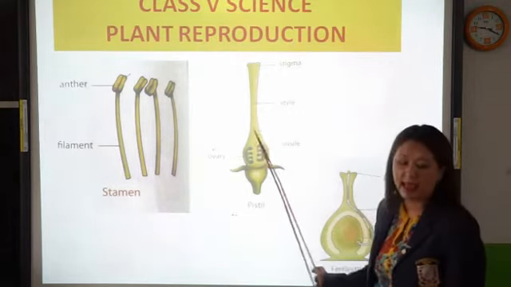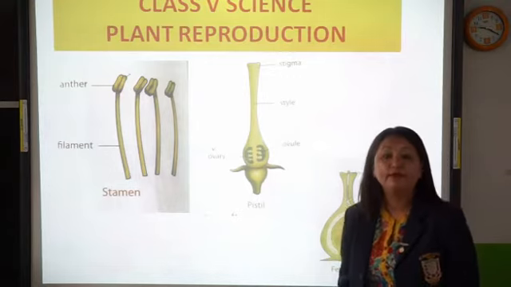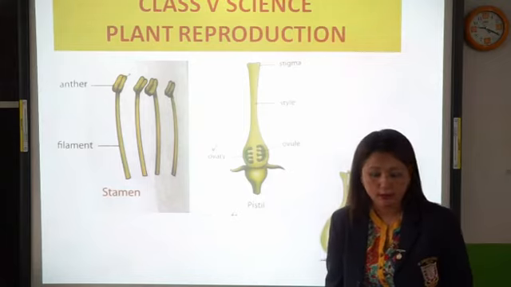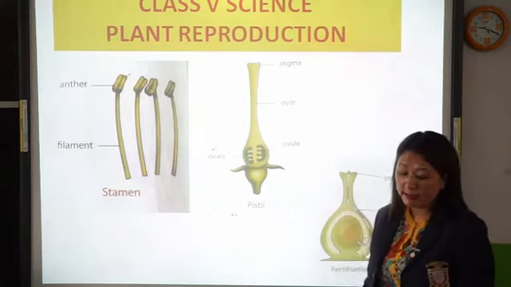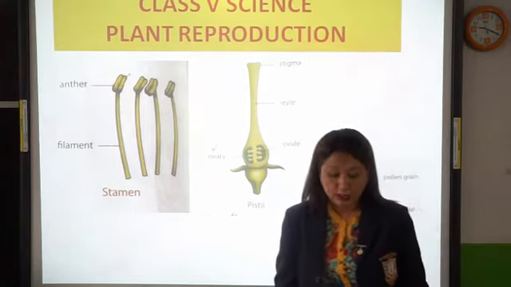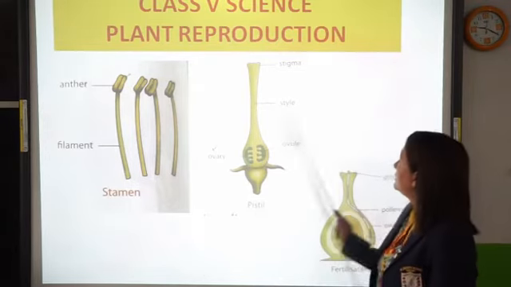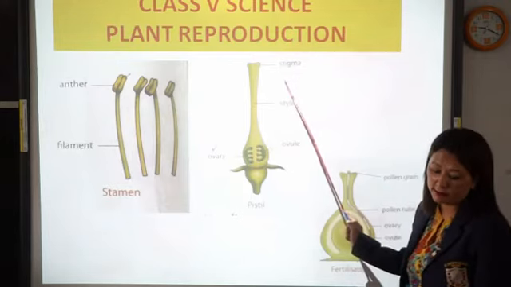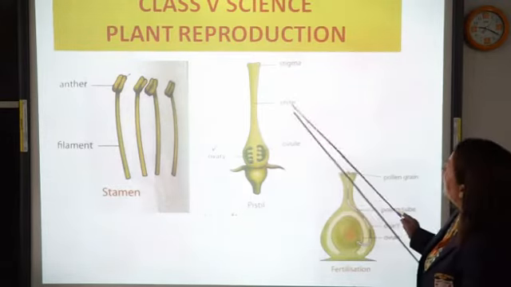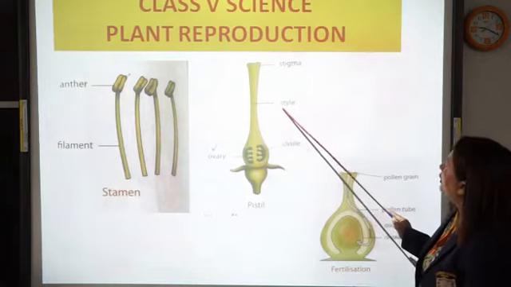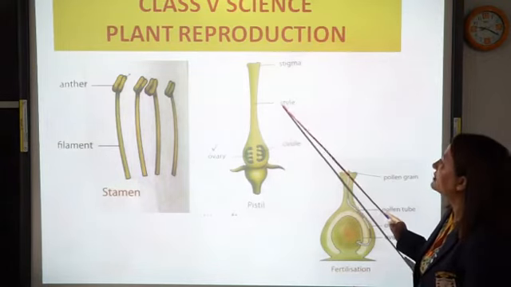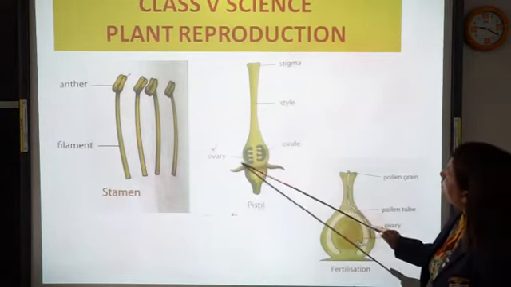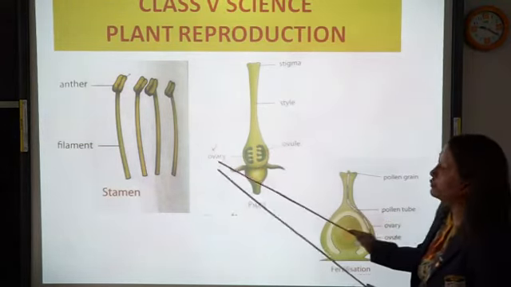Pistil, on the other hand, is the female reproductive part of a flower. It is made of three parts: stigma, the terminal part, and the middle elongated part is called style, and the swollen bottom part is called ovary.